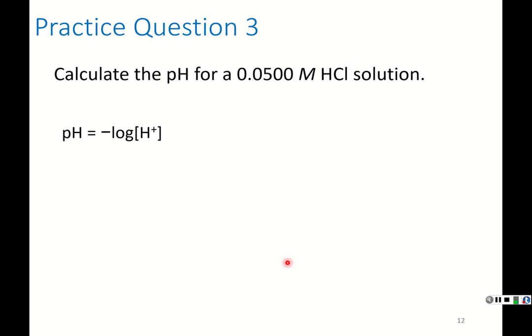So let's try a practice question. Calculate the pH for a 0.05 molar HCl solution. We have our equation, pH equals minus log of the H plus concentration, and we also know HCl, when it's in solution, is going to fully dissociate and form H plus ions, which then, of course, will make H3O plus in water, but let's keep it simple and abbreviate it as H plus.